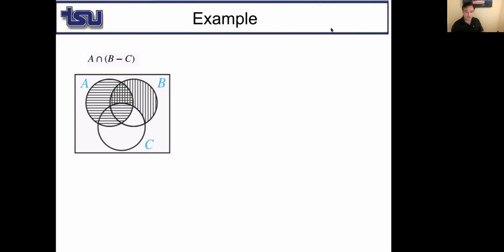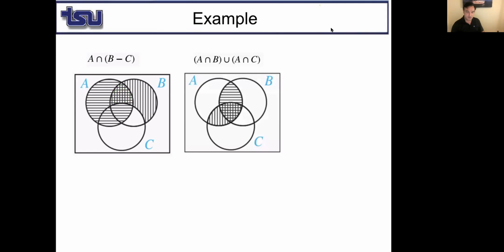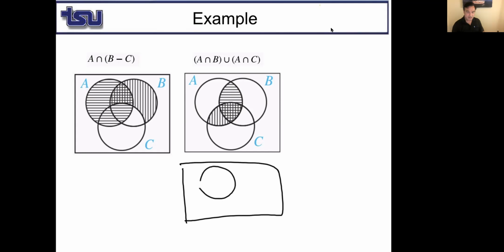How about this one? This is pretty easy too. We have A, B, and C. Now A intersection B, okay? Let's show it here. We have A, we have B, we have C. So A intersection B, this is A, this is B, this is C. It is right there, right?